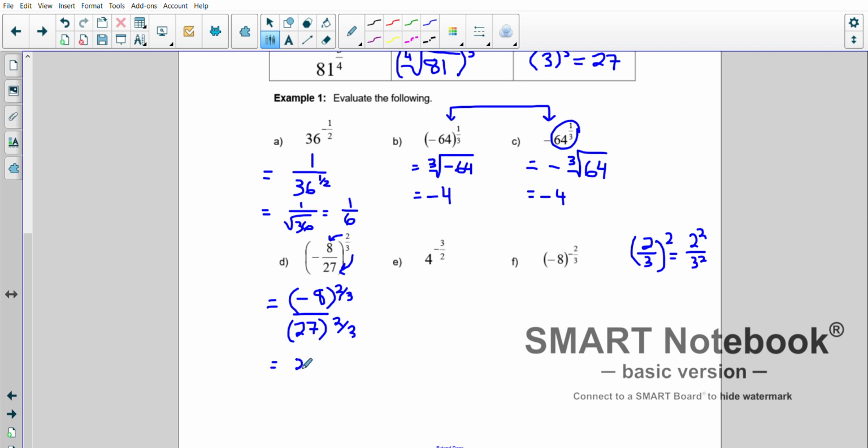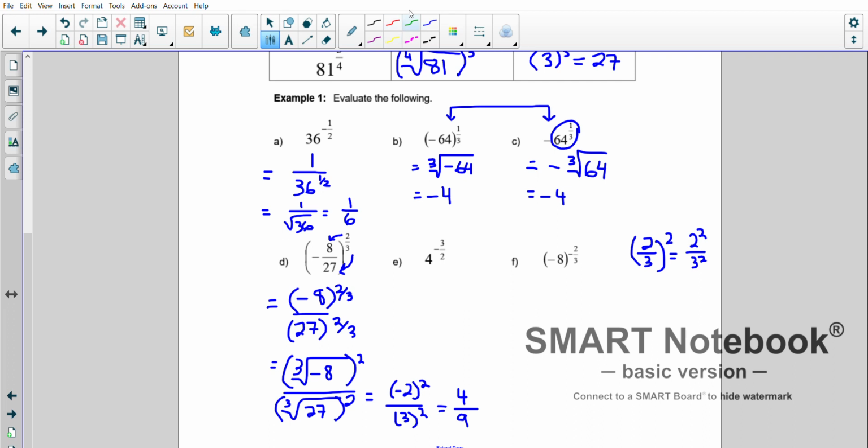So I'm going to have the cubed root of negative 8 squared divided by the cubed root of 27 squared. The cubed root of negative 8 is negative 2, squared. And the cubed root of 27 is 3, squared. Negative 2 squared is 4. 3 squared is 9. So final answer.